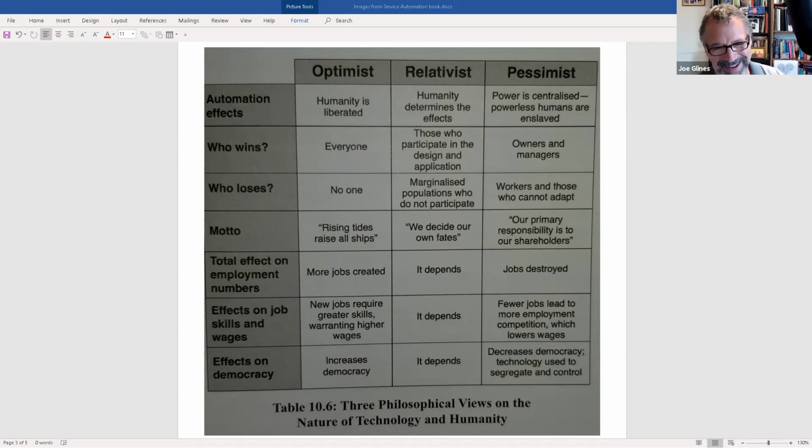Increases democracy. It depends. Decreases democracy. Technology used to segregate and control. And this is on the pessimist side. This is one of the ones that I recently started to tell people about, because I have read and watched shows where, like in the European Union, we have this GDPR law, the General Data Protection Regulation, right?